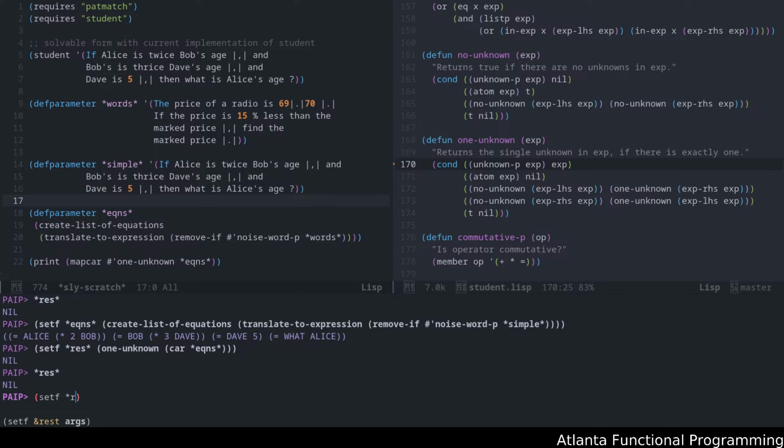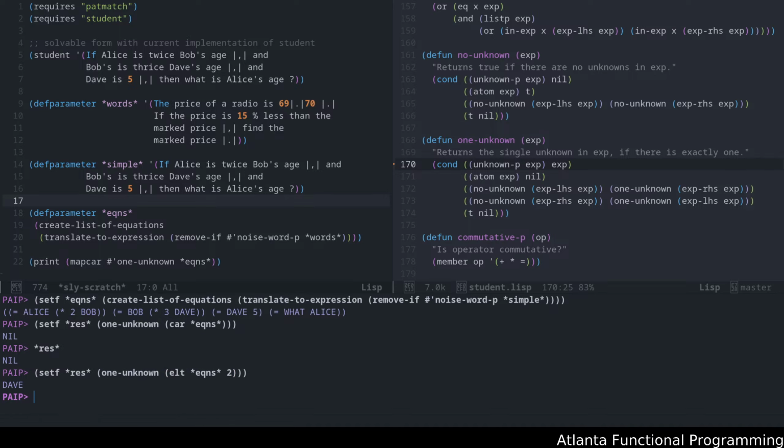But let's try setf res on one unknown, ELT equations now 0 on 2, which is, haha.